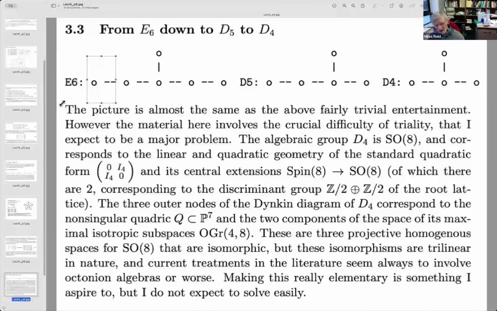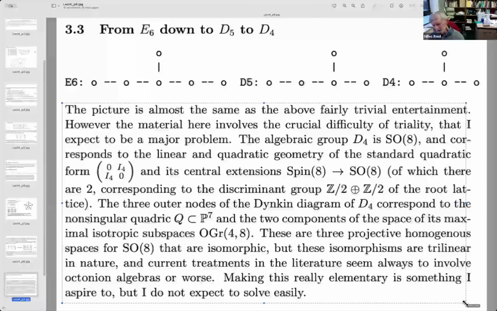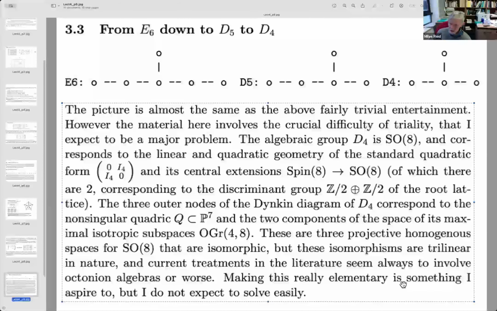So things happen in dimension 7 and 8. In dimension 8, you have the algebra of octonions, which is not associative.